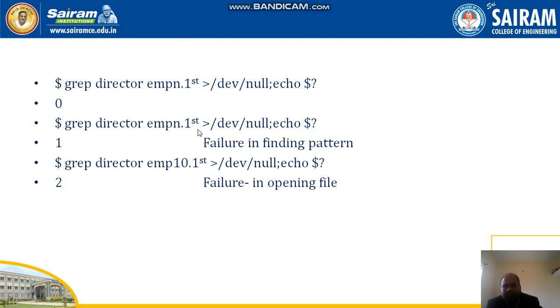Now for example, grep director employee.first: in case director is not present in employee.first, its exit status will be 1. Now grep director employee10.first: suppose this file itself is not present, then this command will not execute and its exit status will be 2, failure in opening the file.